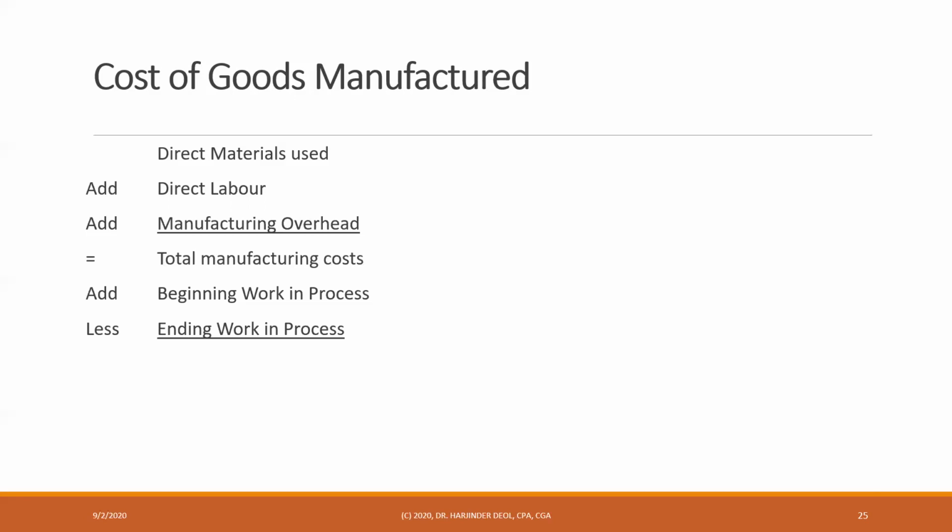Add beginning work in process, subtract the ending work in process, and what you're left with is the cost of goods manufactured. So this is essentially the cost of complete, finished goods manufactured in the period of time.